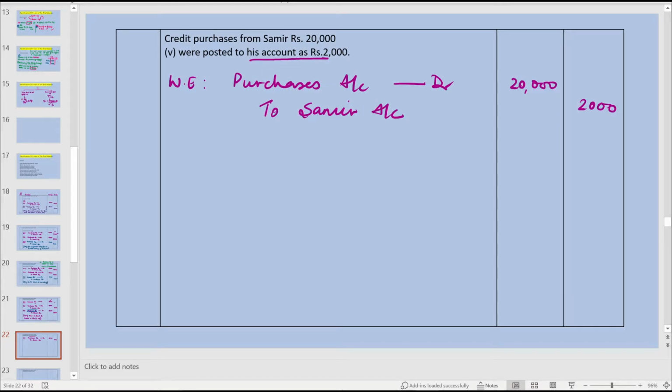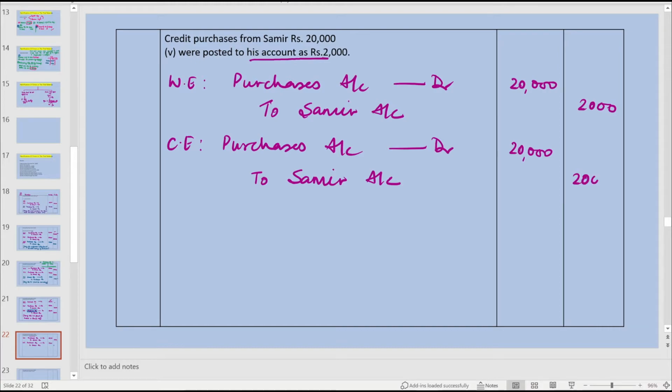So how do we rectify this? What we have to do is increase his account by 18,000. So let's say what my correct entry should have been is purchases account debit to Samir account, 20,000 each. You can see here clearly that purchases is tallying.